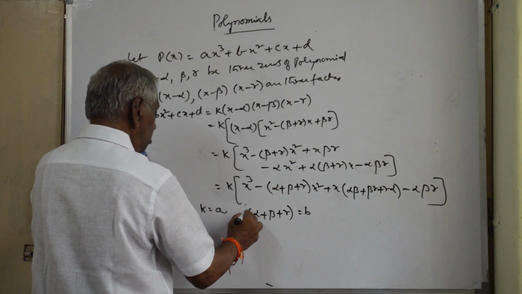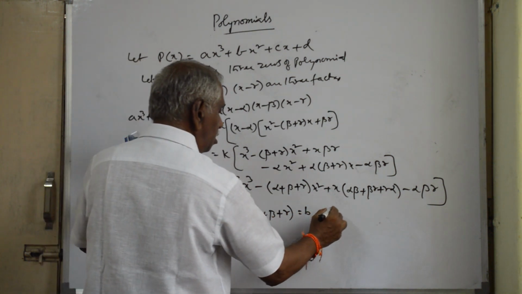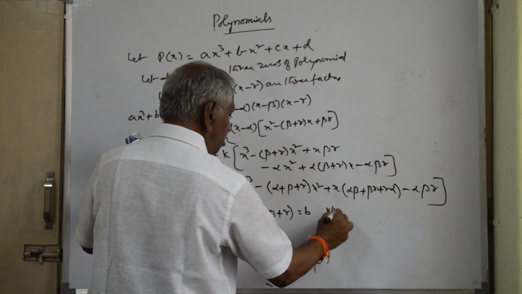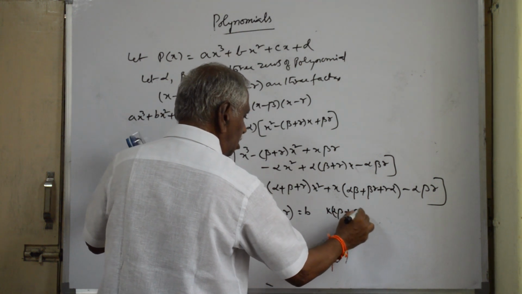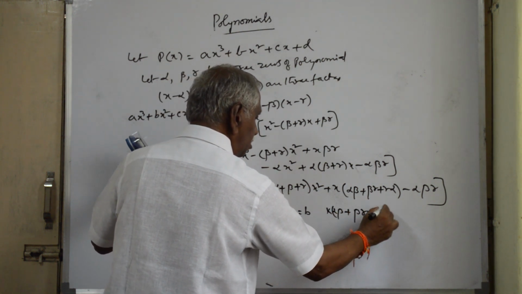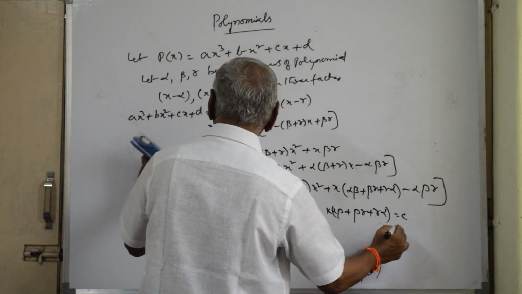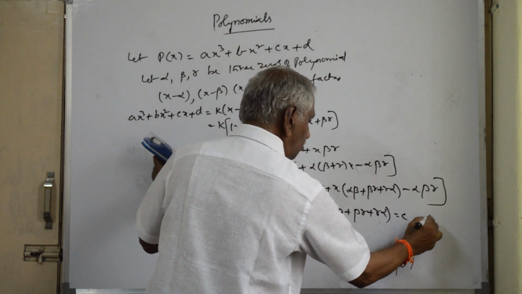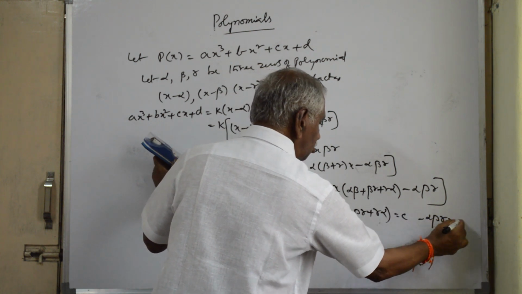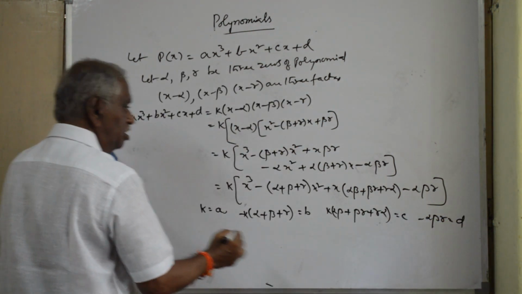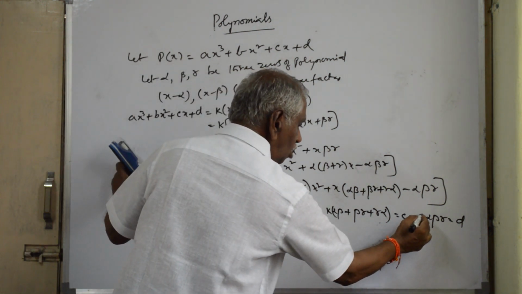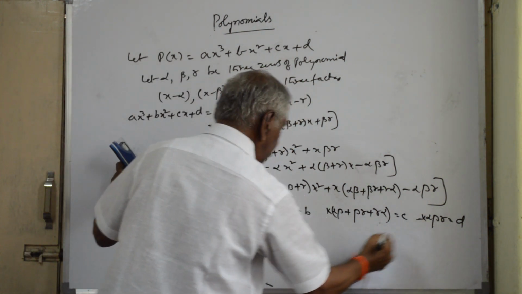K into alpha plus beta plus gamma is equal to b, and k into alpha beta plus beta gamma plus gamma alpha is equal to c, and k into alpha beta gamma is equal to d. So we can say k into alpha plus beta plus gamma is equal to d.